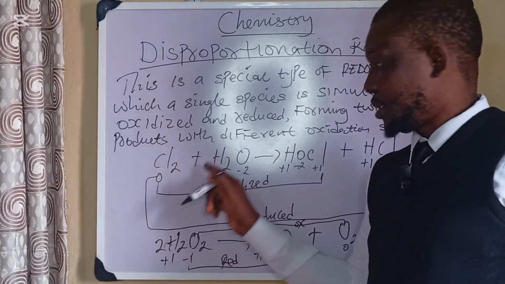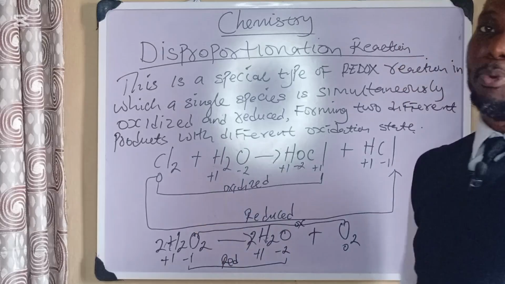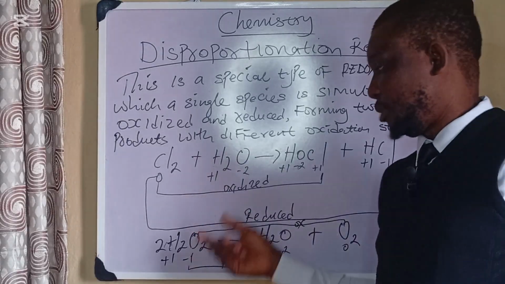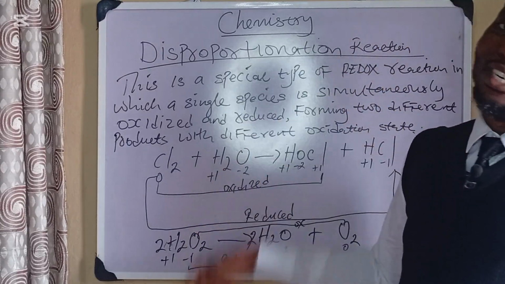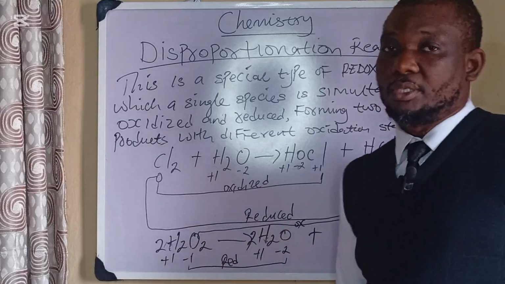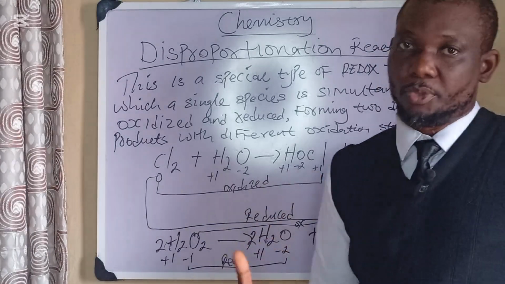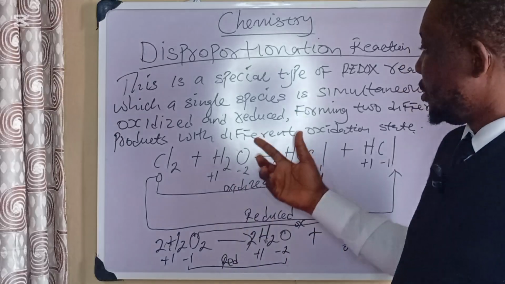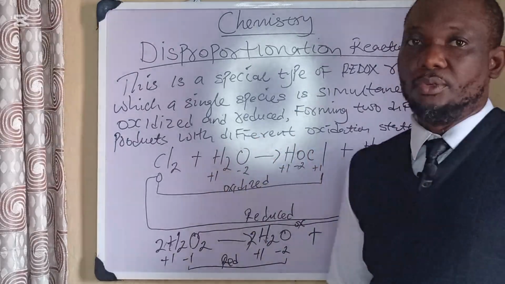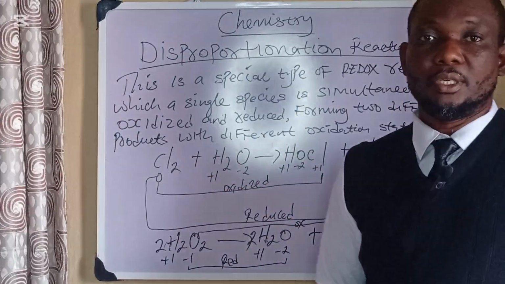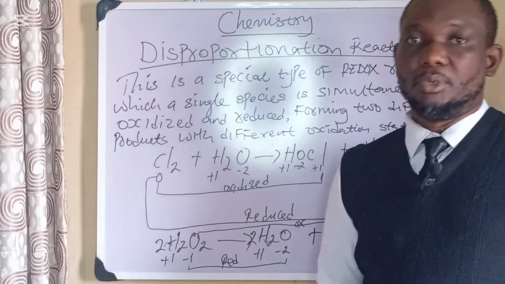So this reaction, just like the previous one, is a disproportionation reaction, and in it hydrogen peroxide undergoes disproportionation. You can pause the video and look at this reaction and understand it more. Thank you.